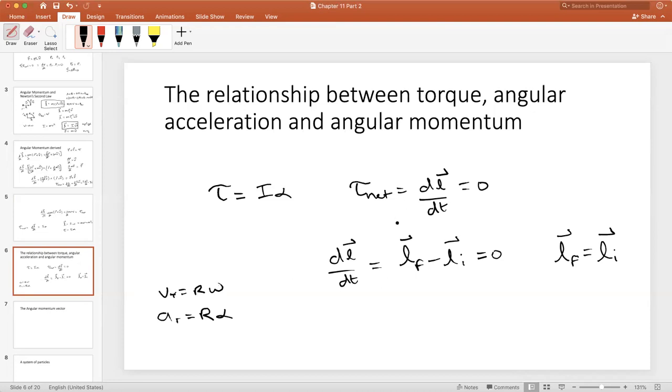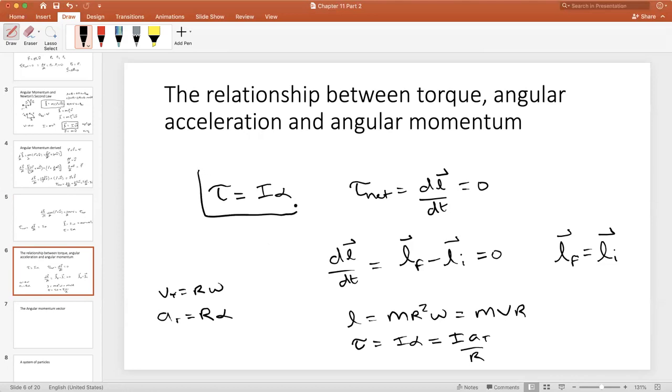So L can be equal to m r squared omega or m v r, and torques can be equal to I alpha or I a translational over R. Okay, good enough. That's it. Those are the equations that you need to remember, and we'll discuss those in depth in a moment.